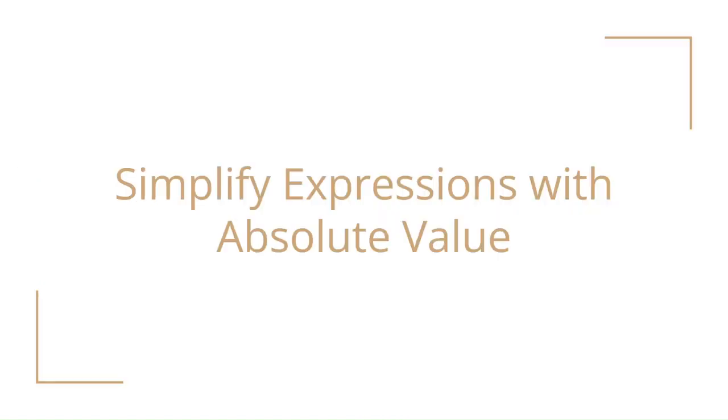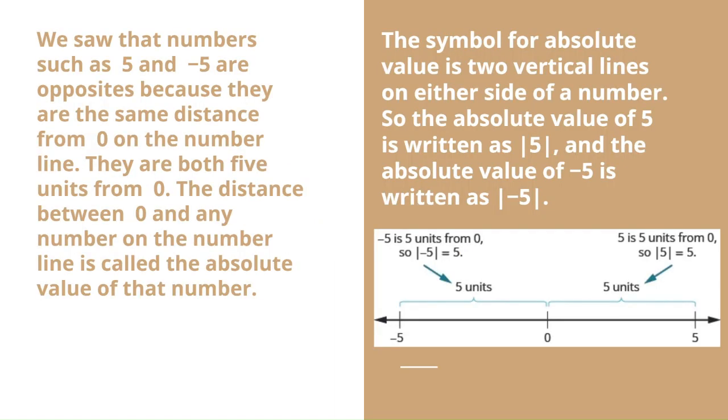Next, simplify expressions with absolute value. We saw the numbers such as 5 and negative 5 are opposites because they are the same distance from 0 on the number line. They are both 5 units from 0, and the distance between 0 and any number on the number line is called the absolute value of that number.